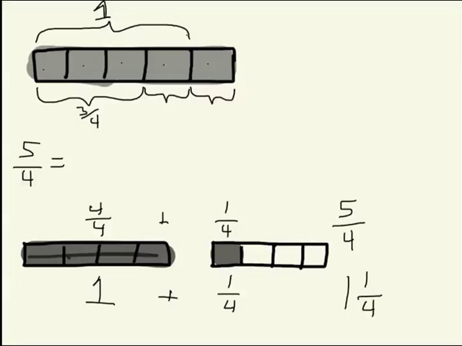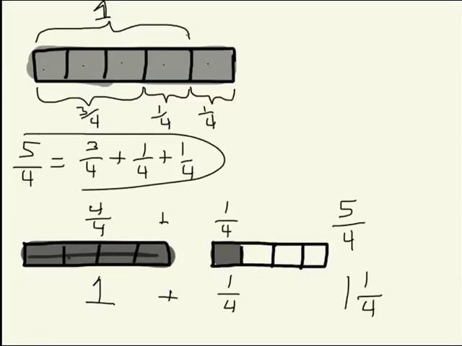This bracket here is only 1/4 shaded, and this last bracket also has 1/4 shaded. So down in my number sentence I can say that 5/4 is equal to 3/4 plus 1/4 plus 1/4. Okay, just thinking that adding my numerators, 3 plus 1 plus 1 gives me 5, or the 5 shaded parts.